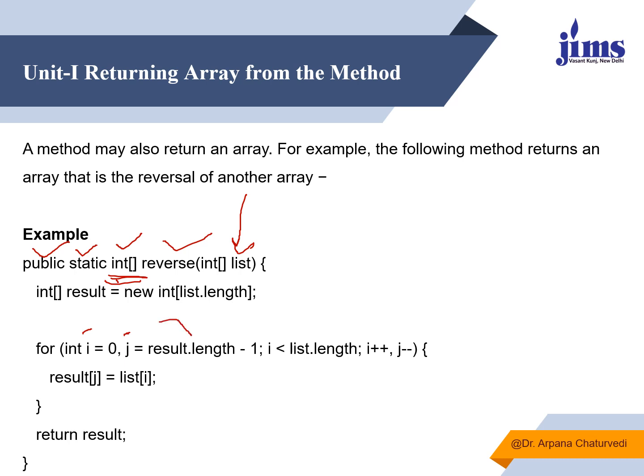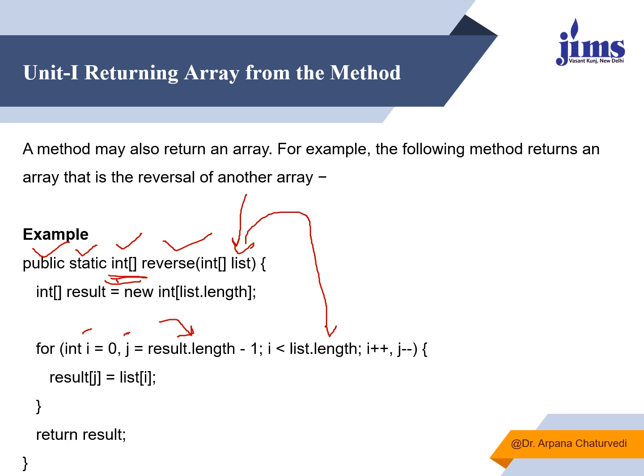So it will return the length of that array minus 1. i is less than list.length, where list is passed as an argument, and i plus plus, j minus minus.